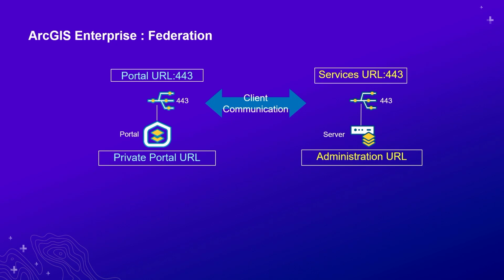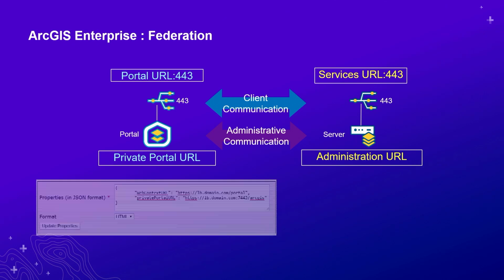Those public URLs, portal URL and services URL, they're for client communication, again, for applications and users to use to reach the portal and its services. Internally, the private portal URL and administration URL facilitate the administrative communication between portal and server and vice versa, between server and portal.